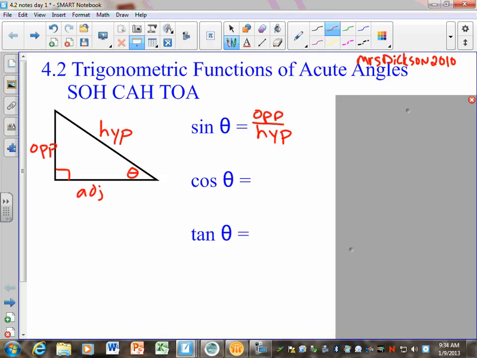Cosine is another function, and cosine's ratio for that angle is equal to the adjacent side over the hypotenuse. That's where the CAH comes from, SOHCAHTOA. Cosine is adjacent over hypotenuse. And tangent of that angle is equal to the opposite over the adjacent.